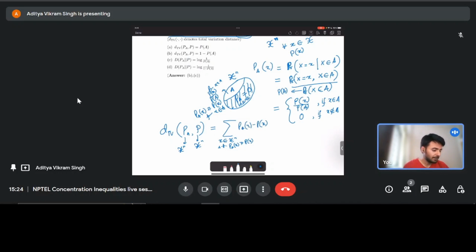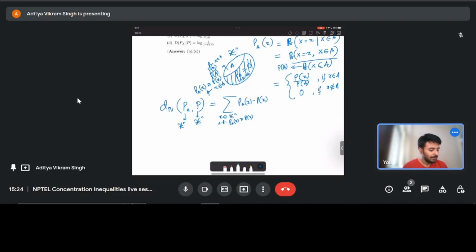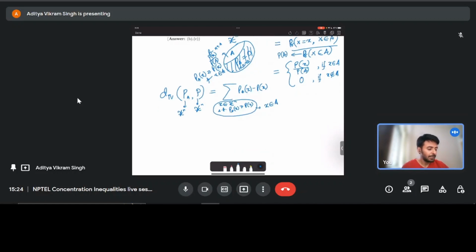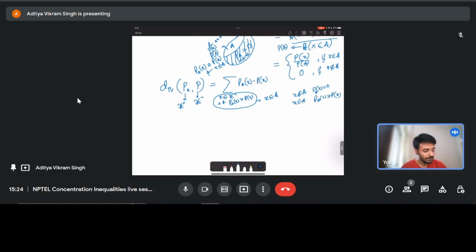This is one of the formulas for total variation. And for all x where PA of x is greater than or equal to P of x, this is exactly x belongs to A, because for x not in A, PA of x becomes 0, and for x in A, PA of x is greater than or equal to P of x.